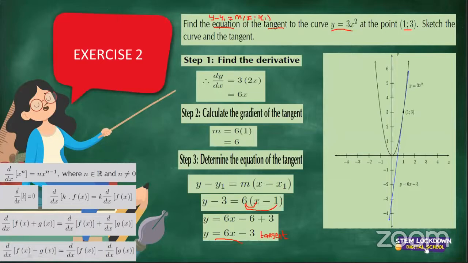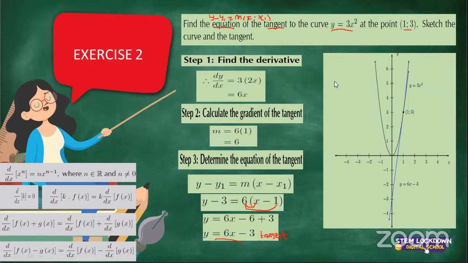Cheslin? Yes, ma'am. I just wanted to find out where you got that 1 from, ma'am. Is it the same as the x value? Yes, because remember, at any point you have the value of x and y. So a tangent passes through a point, so you have to be specific.